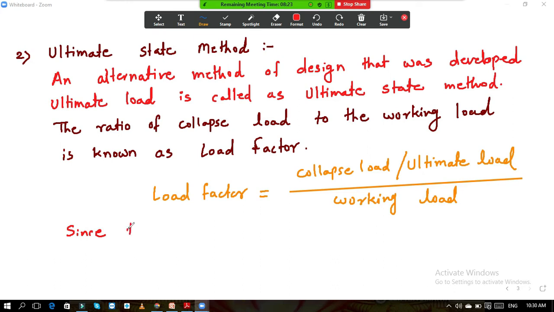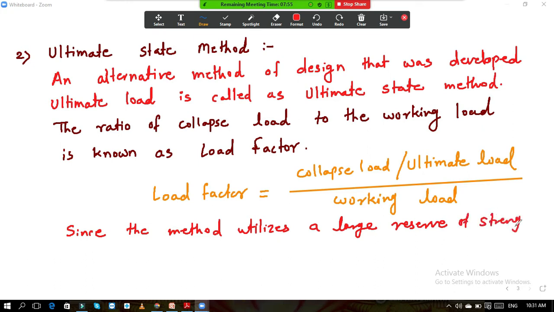Since the method utilizes a large reserve of strength in plastic region, that is inelastic region.